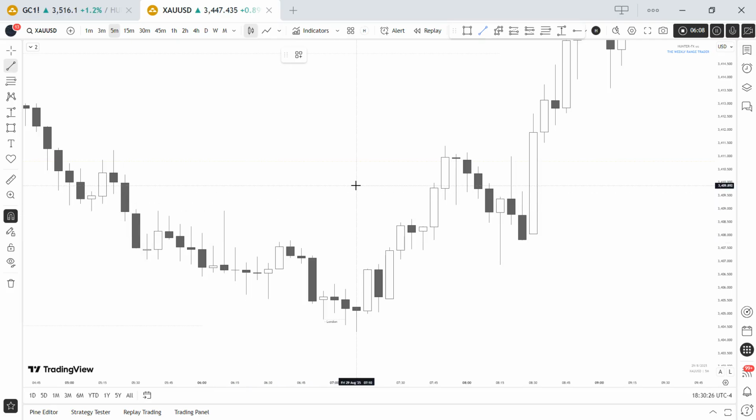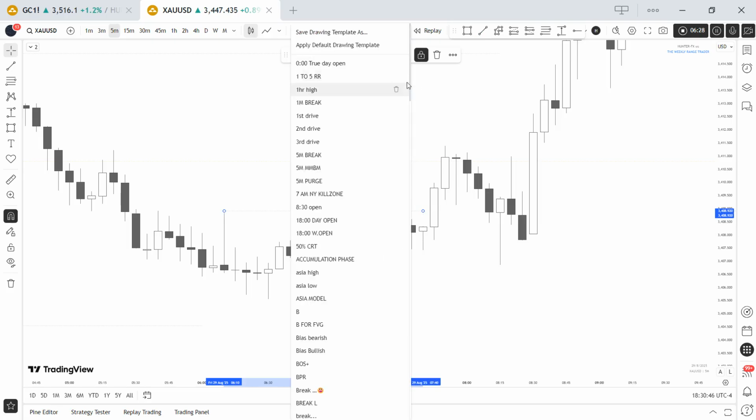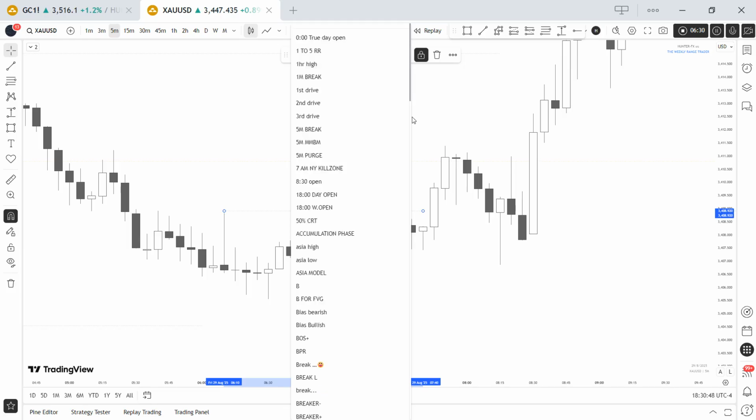Candle number 1 was swept out. Candle number 2 has to shift structure or make a change in the state of delivery, whatever it has done. Now, for me, the shift in structure, I needed the candle to close. Let's mark this out as the shift.